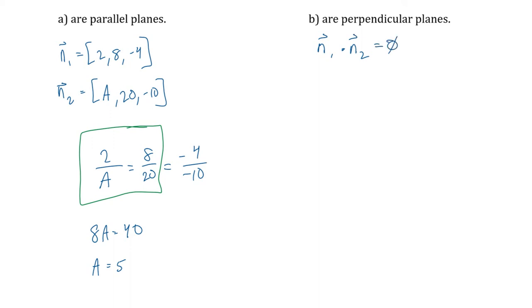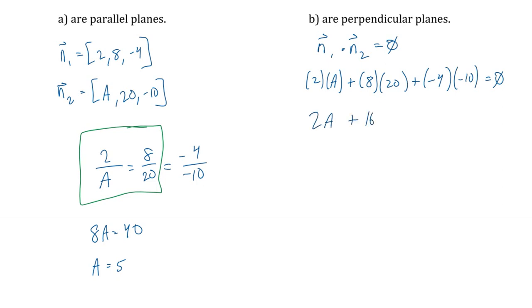And I know the normals, so that is going to be 2 times A plus 8 times 20 plus negative 4 times negative 10 will be 0, which means 2A plus 160 plus 40 is 0.